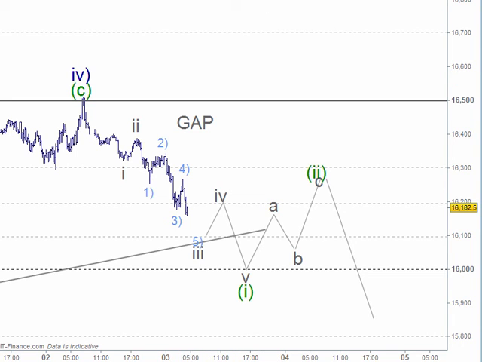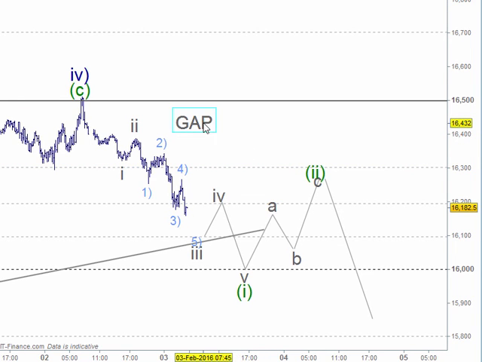The ASX 200, the gaps aren't important, but on the actual futures contract for the ASX 200, that gap is very important. Every point would need to be covered on that futures market because there's a buyer and seller for each contract, so that would need to be covered. But the S&P 500 gaps on the cash tend to be valid as well. So different markets, different things.